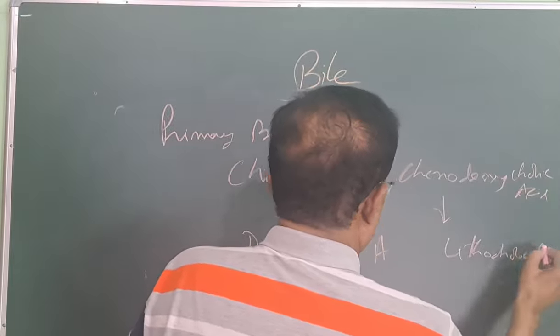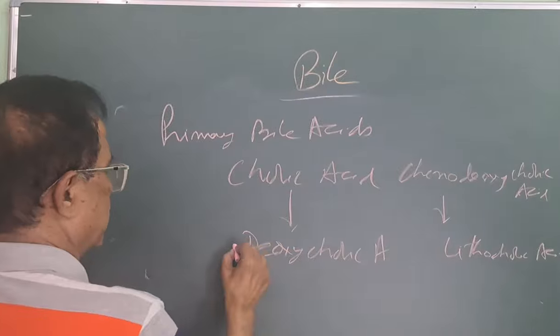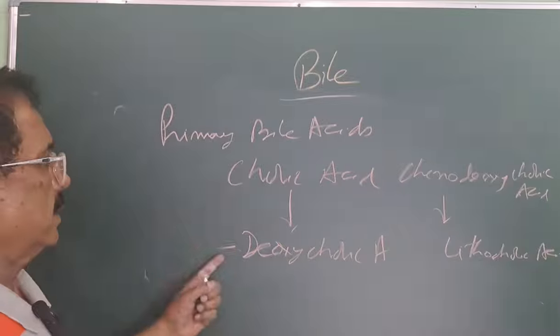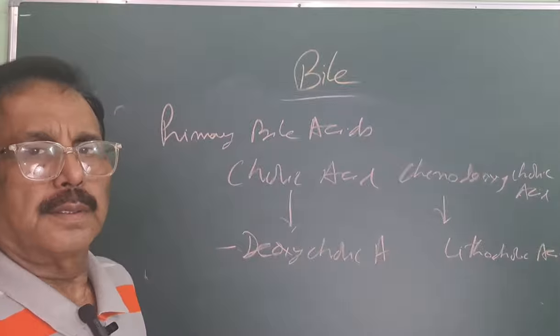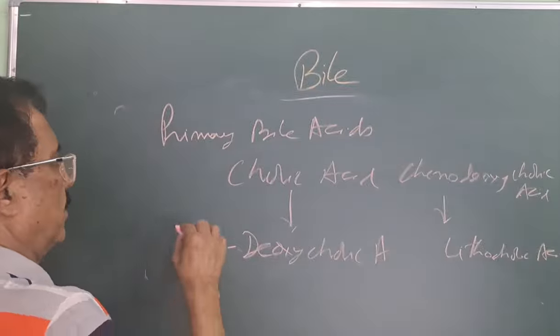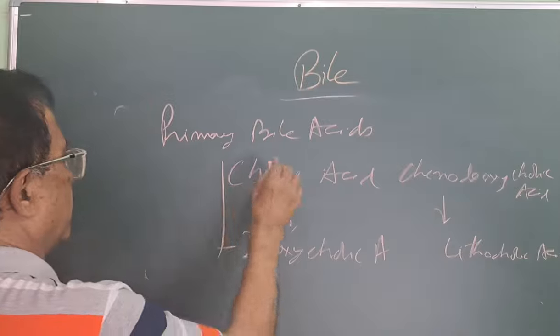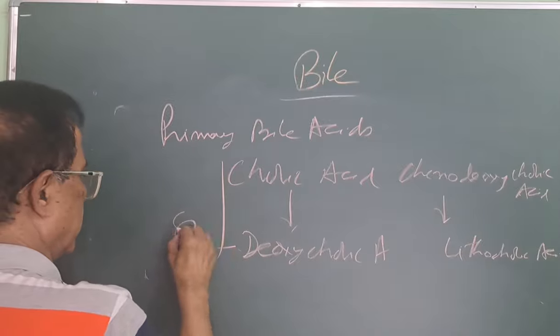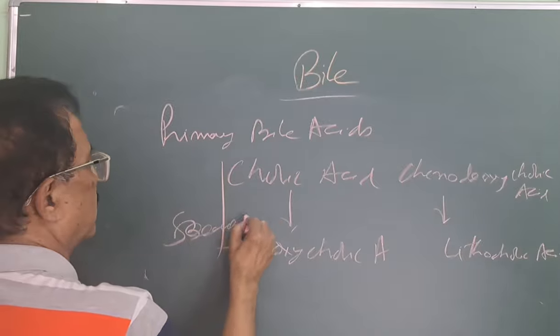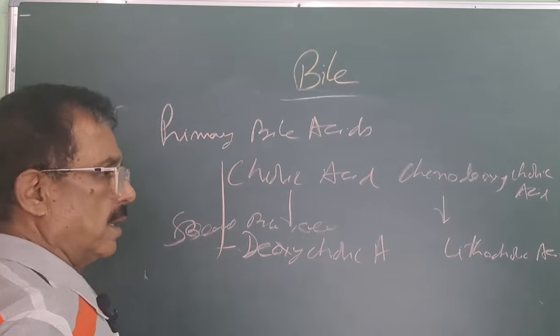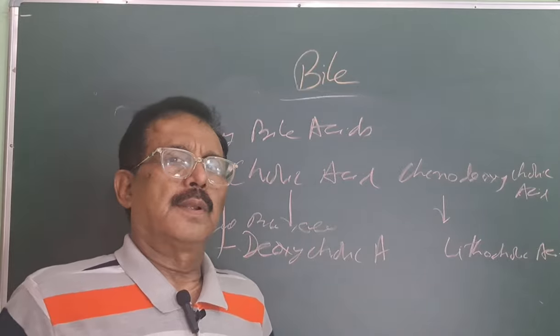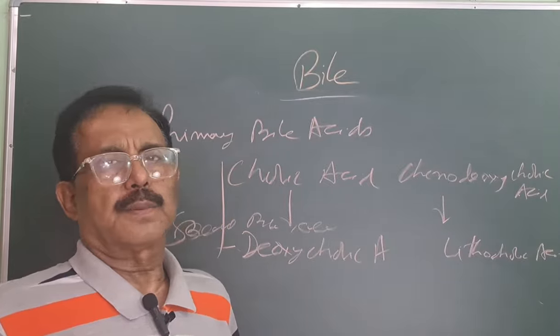These are secondary bile acids, formed in the gut, the small intestine, due to gut flora. These are primary acids and these are secondary bile acids. Bile acids are absorbable in the small intestine.